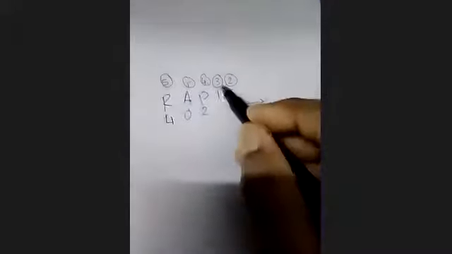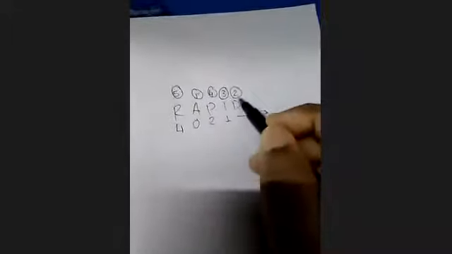Two numbers are lesser than four, so below P, write two. How many numbers are lesser than three on the right hand side? One. And how many lesser than two on the right hand side? Zero, because there are no more digits. So always at the extreme end position, the number to be written is zero.